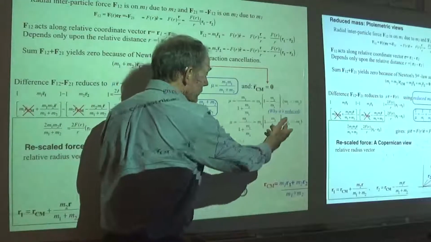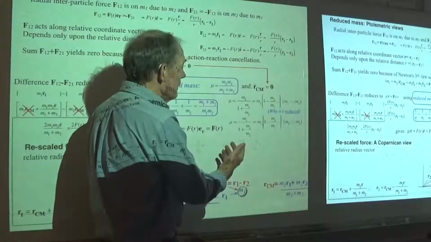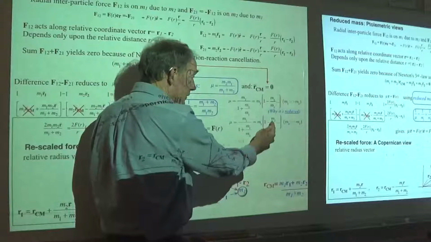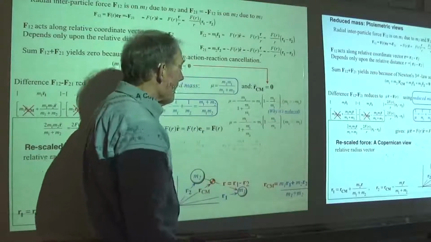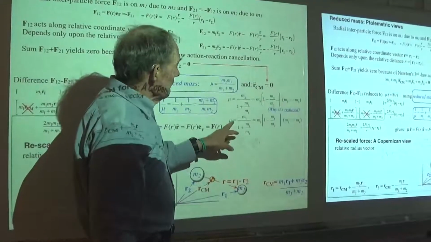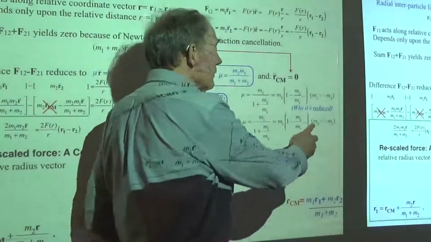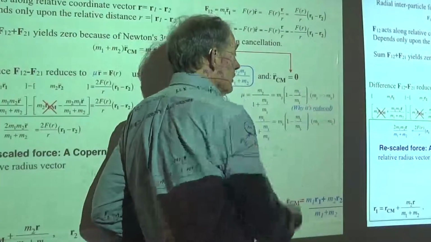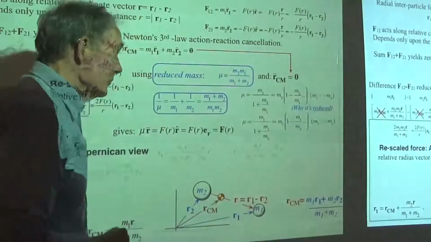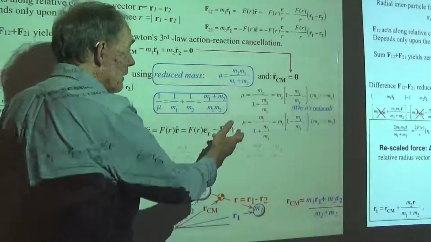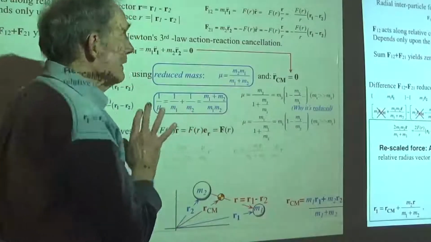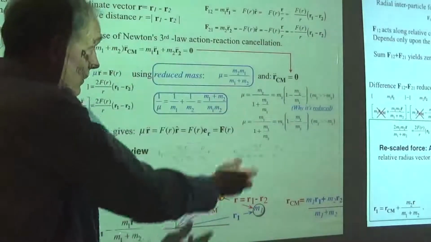If in fact it's the other way around, you still are talking about a reduction. There's a minus sign here. So both of these two extremes, either M2 greater than M1 or M1 greater than M2, have a reduced mass that is a little bit less than the one that's doing the traveling.